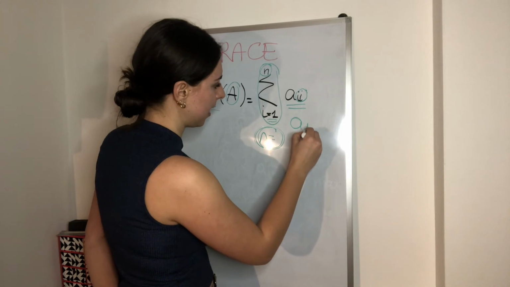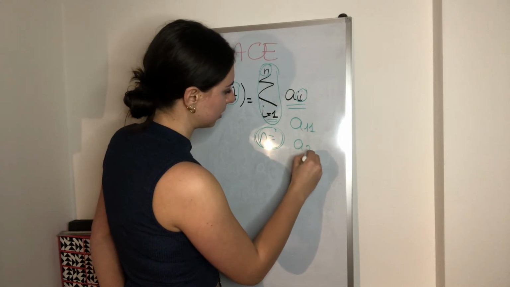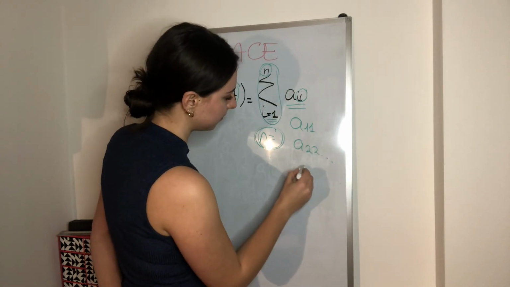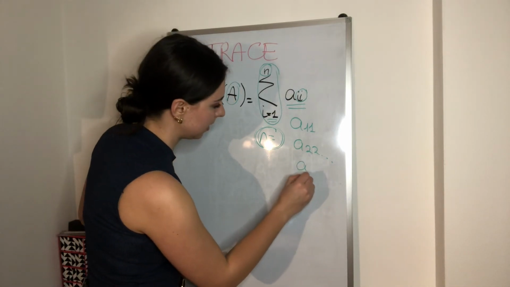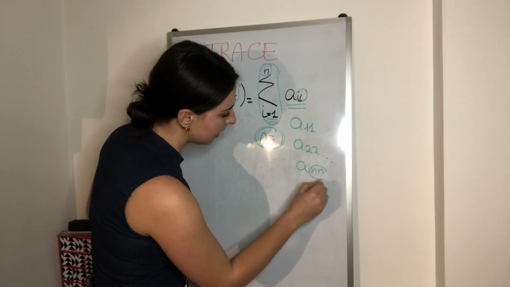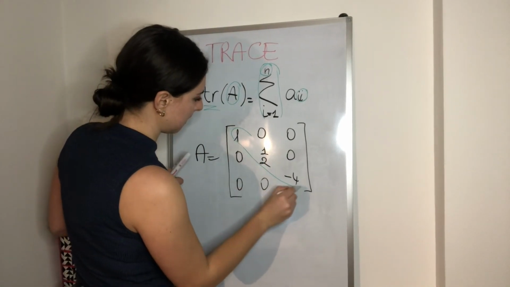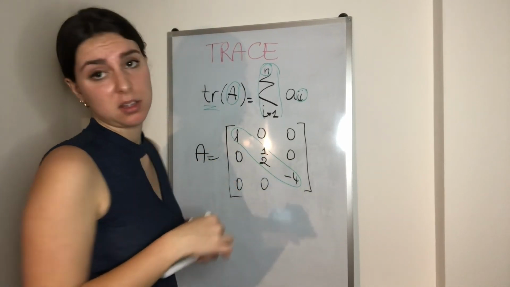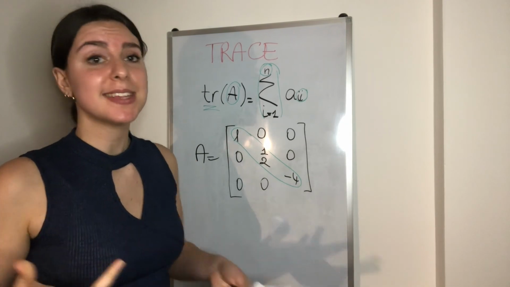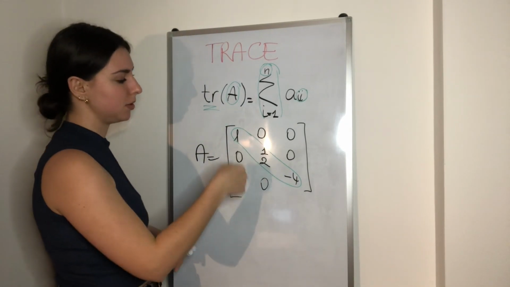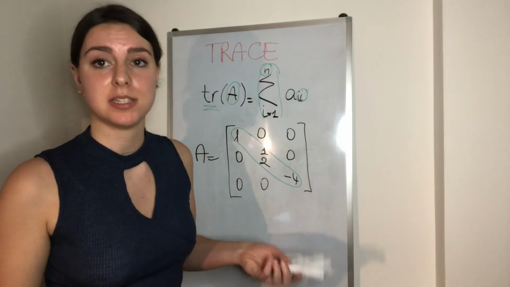So we have a_11, a_22, and so on. Last one will be a_nn. Since we are only interested in the main diagonal, for this example, I was lazy. I choose to use 0 outside of the diagonal.